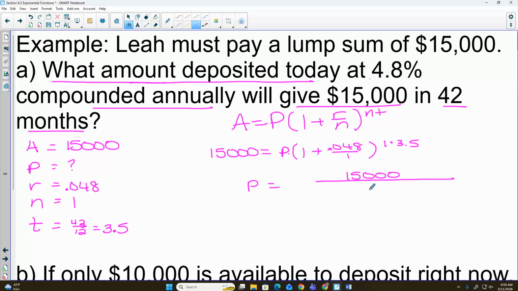You're welcome to plug in this whole thing as it's written. If you want to simplify some stuff, you certainly can. Like 0.048 divided by 1 is just 0.048. 1 times 3.5 is 3.5. But I usually don't simplify much. I usually just type it in.